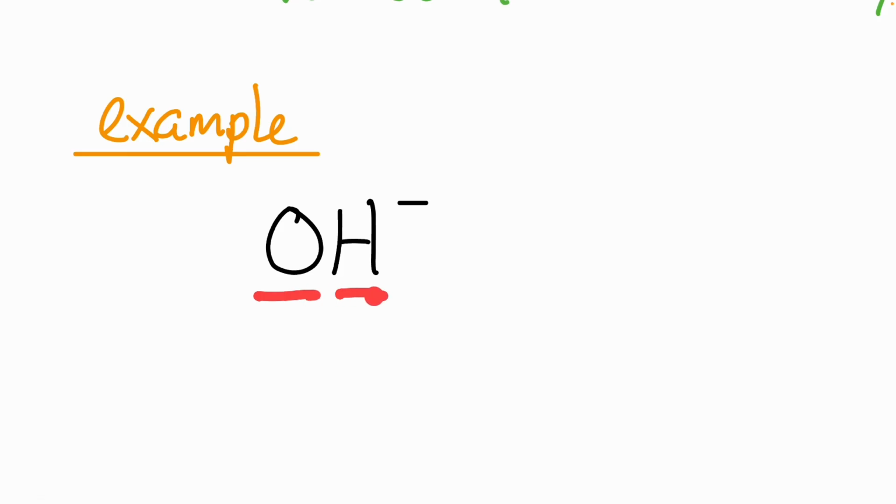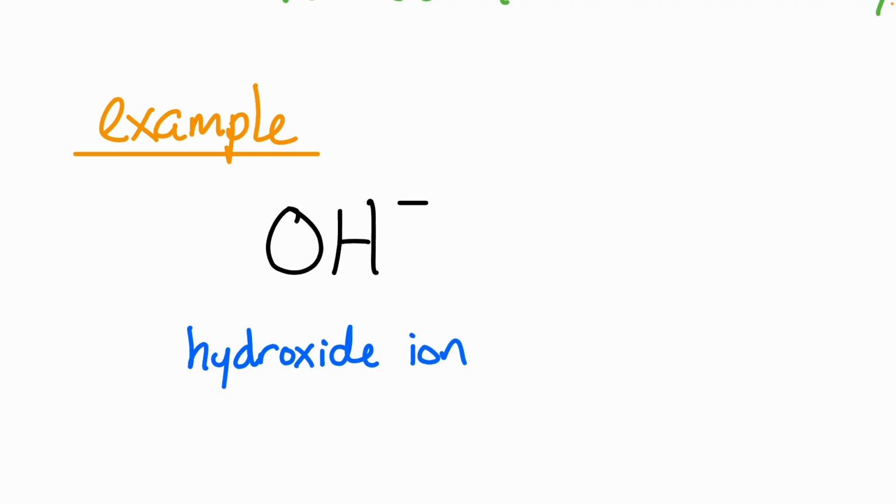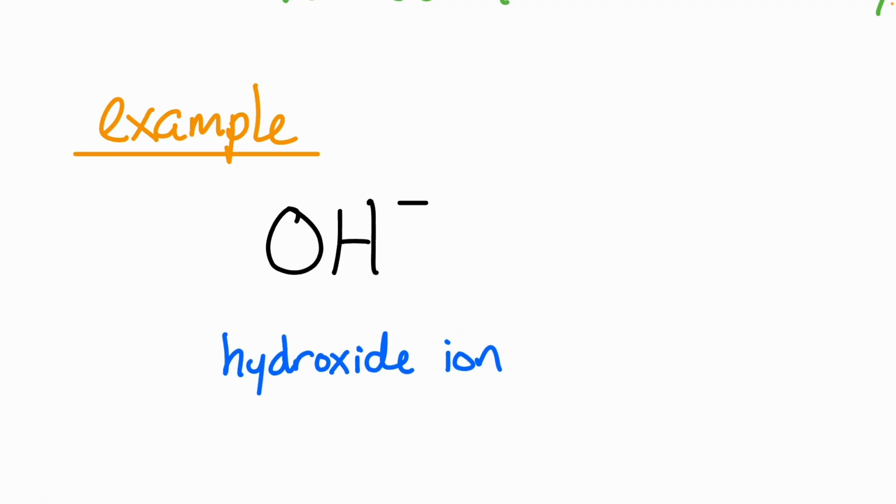Those nonmetals are covalently bonded together, so they're forming this compound. But this compound has a net charge of -1. All right, this is an example of what we call a hydroxide ion. We will be introduced to this in lab this semester.